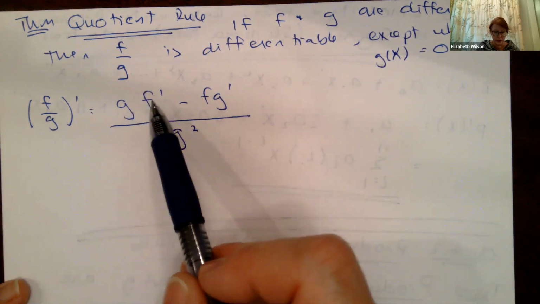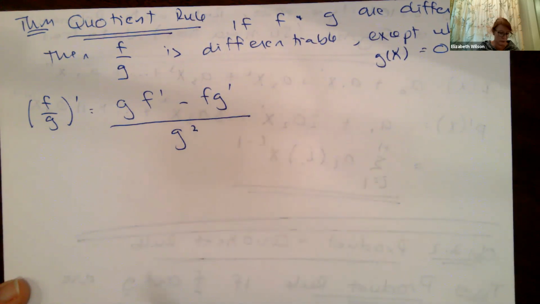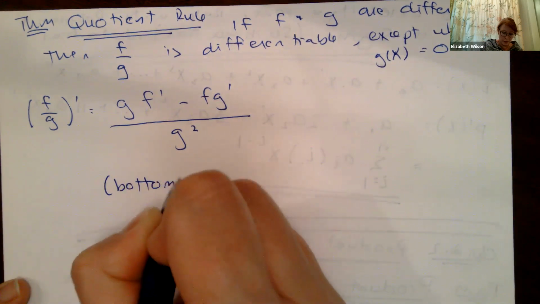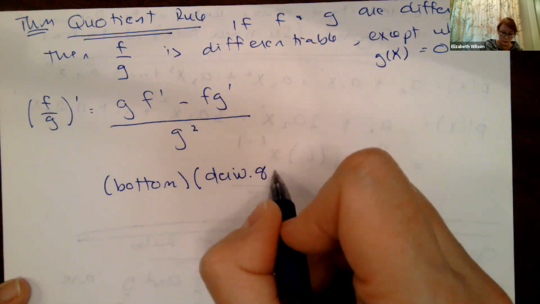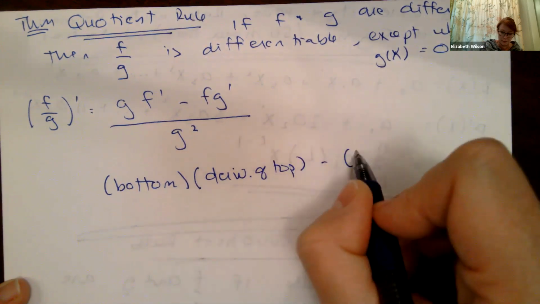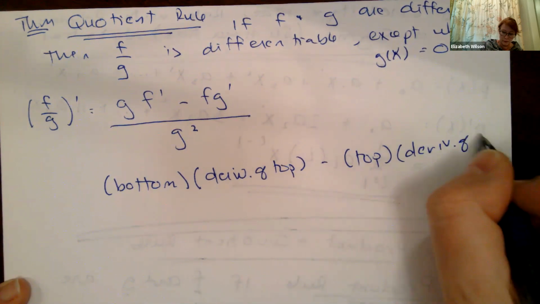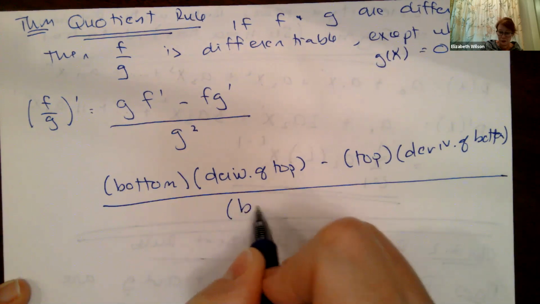Bottom times derivative of the top minus the top times derivative of the bottom, all over the function, the whole function, bottom squared.